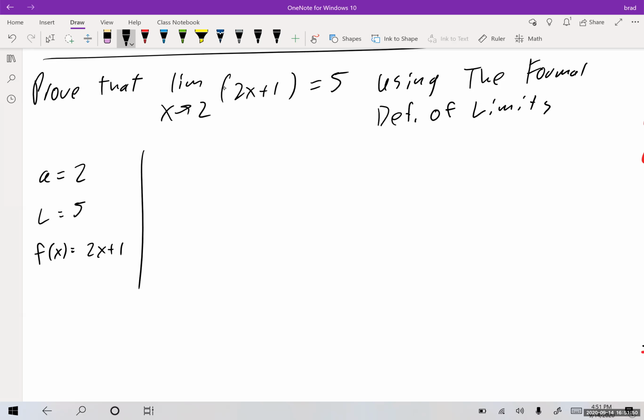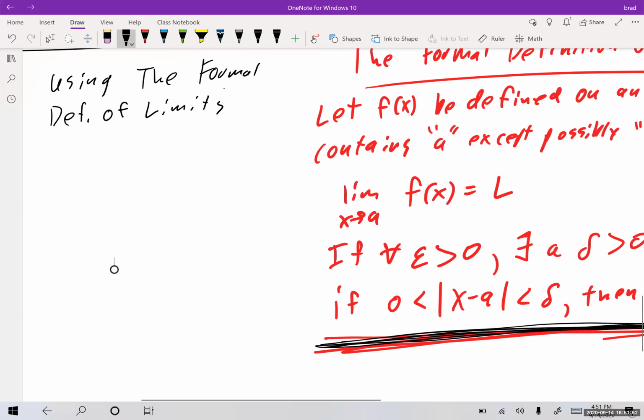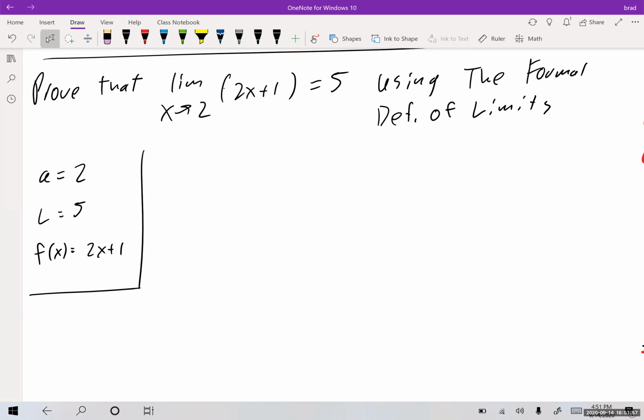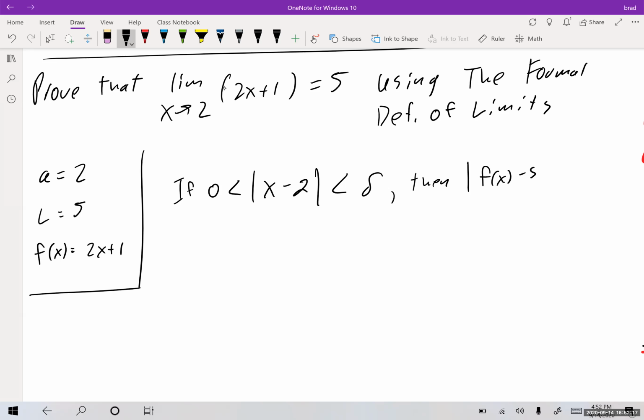So we're going to take this information and use this formal definition of limit, okay? So we have if 0 is less than the absolute value of x minus 2, so x minus a is less than delta, then the absolute value of f of x minus 5 is less than epsilon.